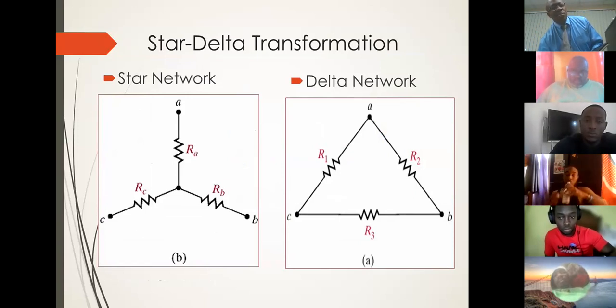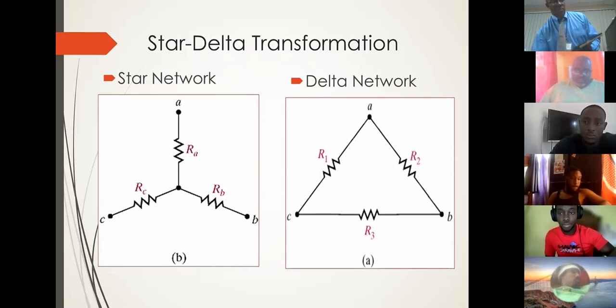The question is, how do we treat with it? How do we analyze our circuit? Because we don't have a choice, we still have to analyze the circuit, yeah? So how do we go about doing that when we are presented with the star delta network? Okay? So you would have had, or maybe you didn't, but anyway, so you can draw this in terms of what a star network looks like.